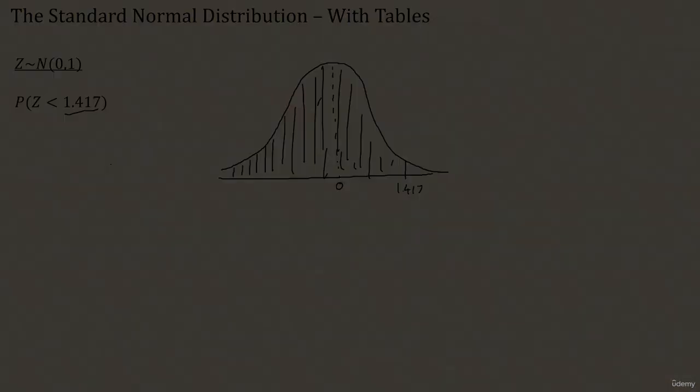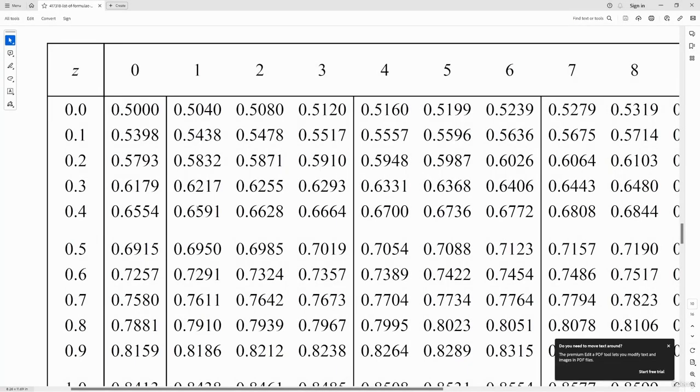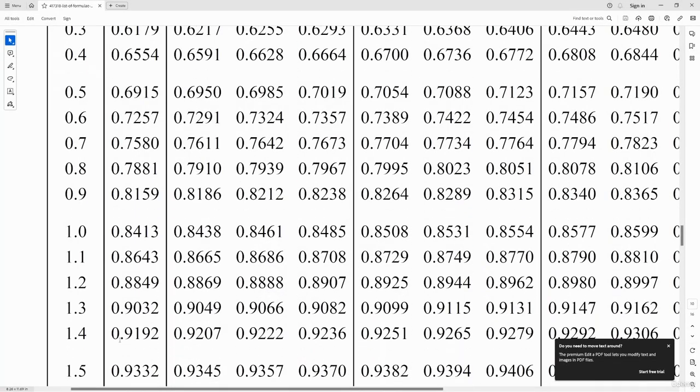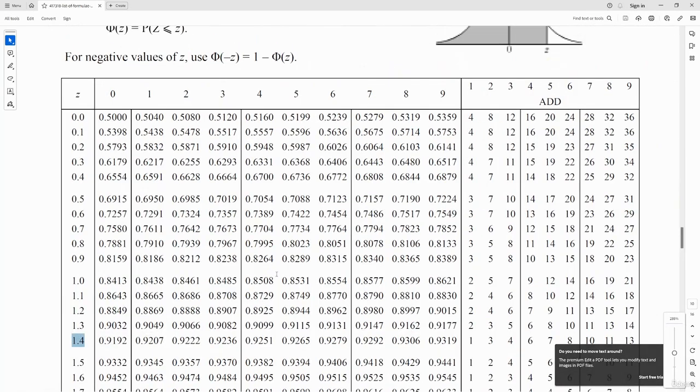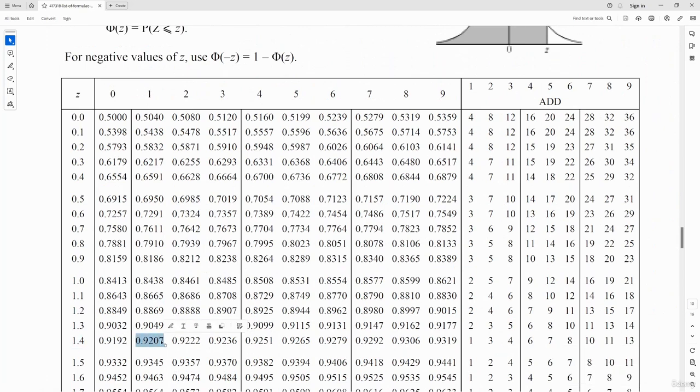Here's how you do it. It's going to start off okay. 1.41 begins with 1.4, so that's the row we're looking in. Now, it's 1.417, so the next digit is 1, so 1.41 is here.